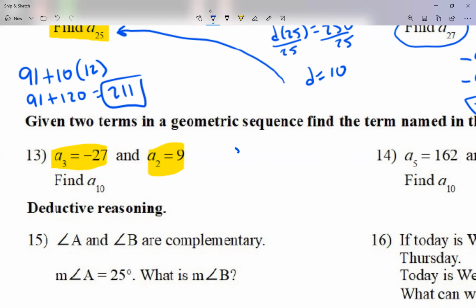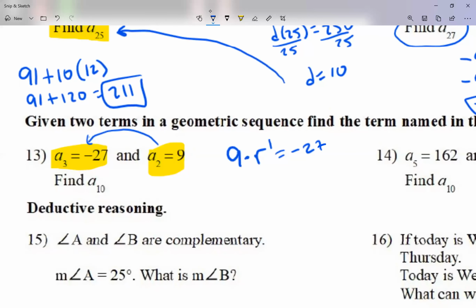So I'm going to say 9 times, I'm going to call this ratio R, the number multiplied. I don't know what's the number multiplied. I'm going to call it R. From the second number to the third number, isn't that just one time? So 9 times R one time is going to give me negative 27.